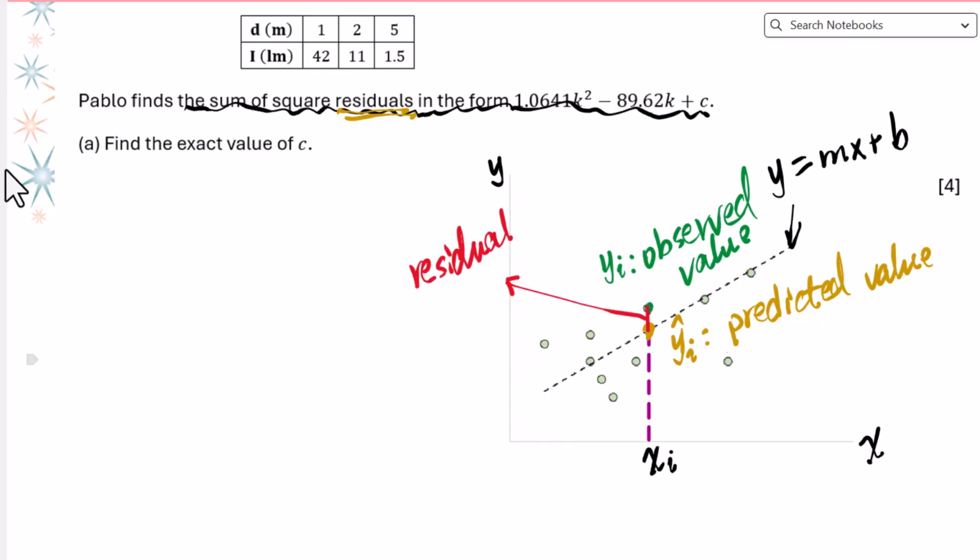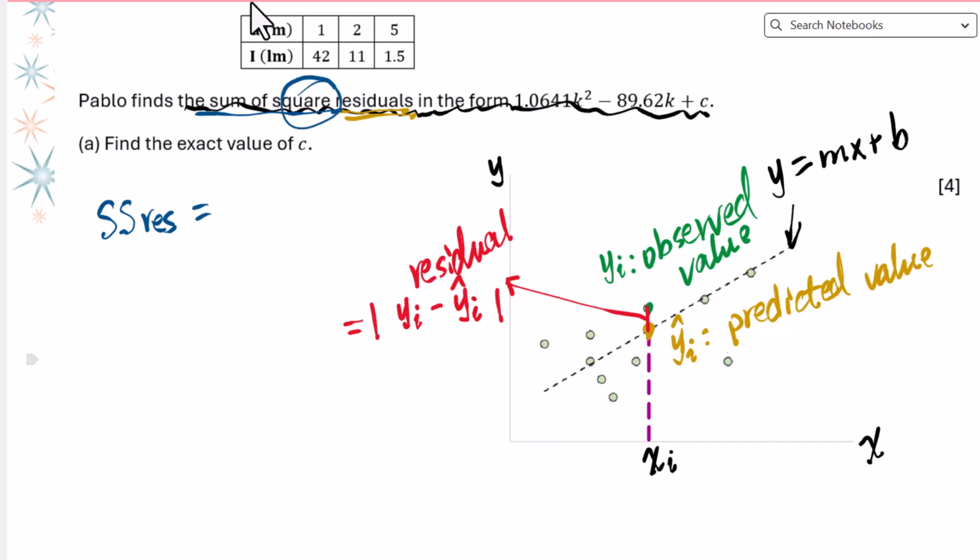So residual equals, we will use absolute value to show the distance, yi minus y hat i. Sum of square residuals: normally we will use SSres to represent the sum of square residuals.